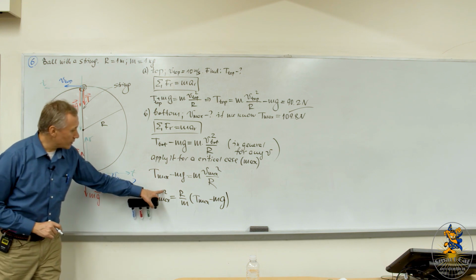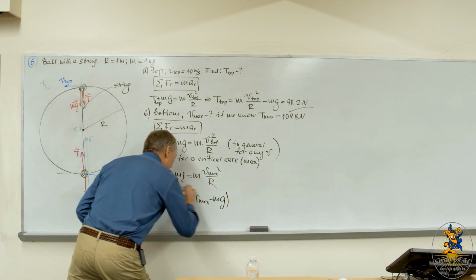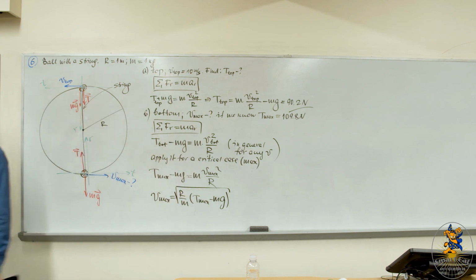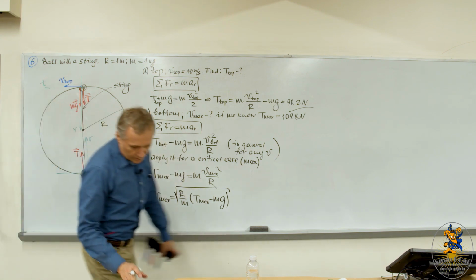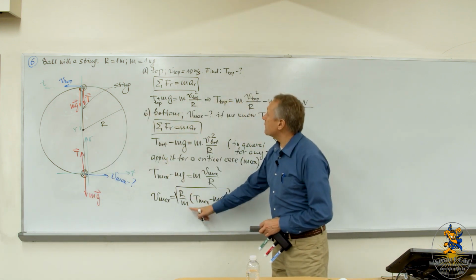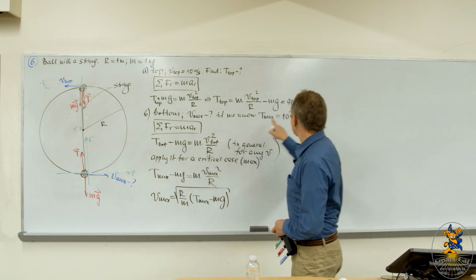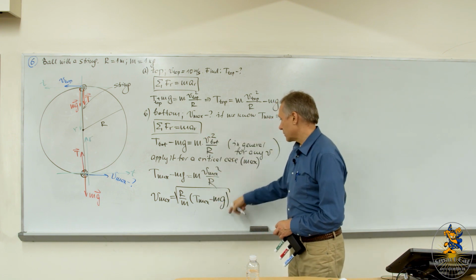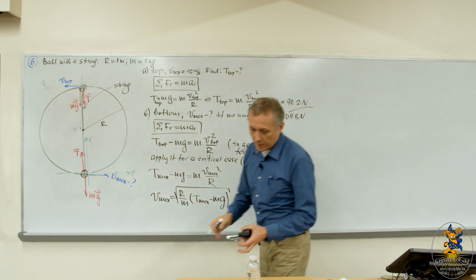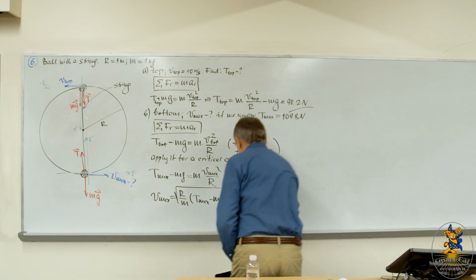Okay, so now I will erase this 2 and put a square root sign. Of course, the radius is given, mass is given, maximum tension is given, mass g is given. So you can plug in numbers and you will end up with 10 meters per second.